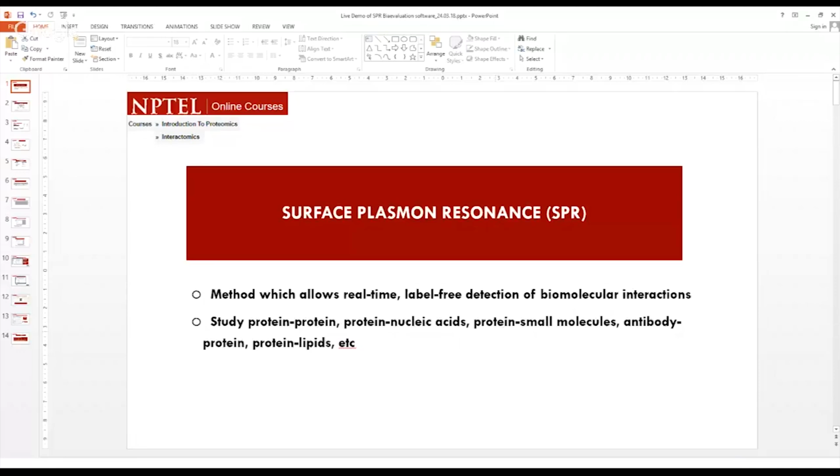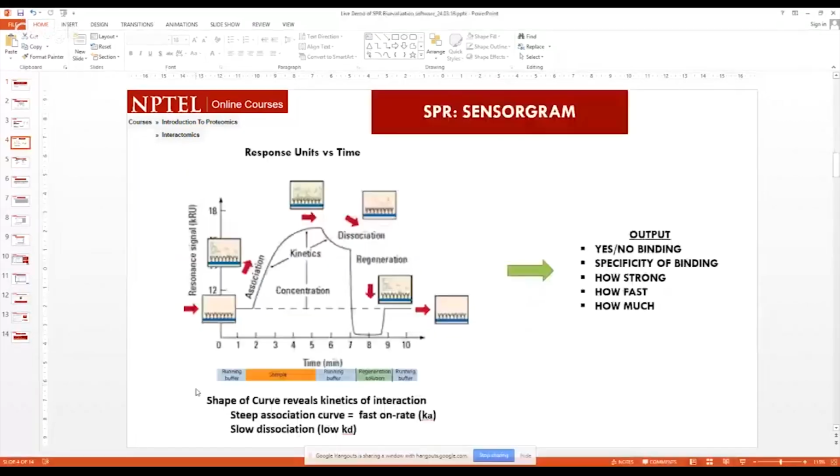So you get a baseline curve over here. This is the baseline. Then you start flowing your sample in the running buffer over your chip, and as you can see here, there is an association. This is where the binding is occurring.